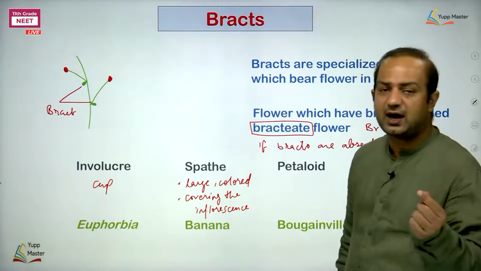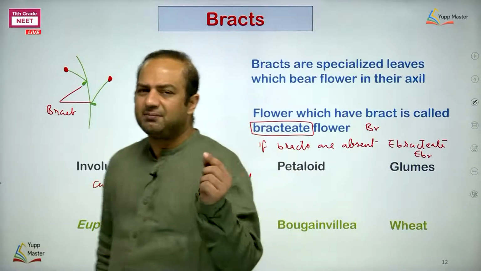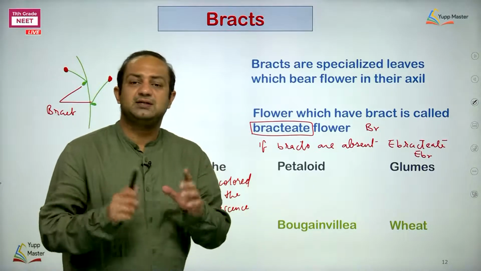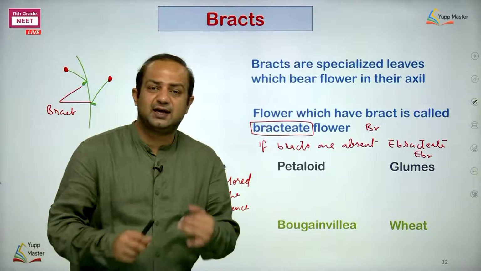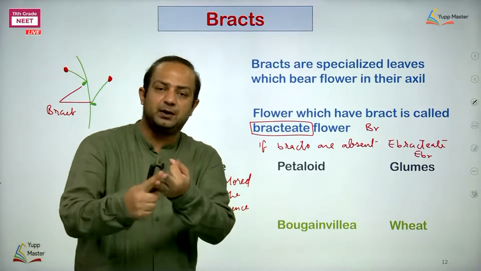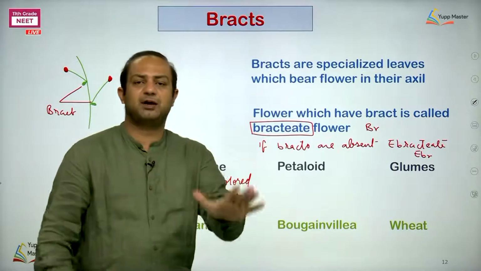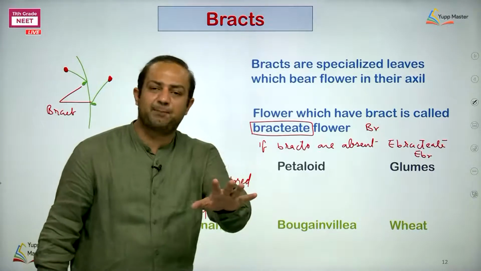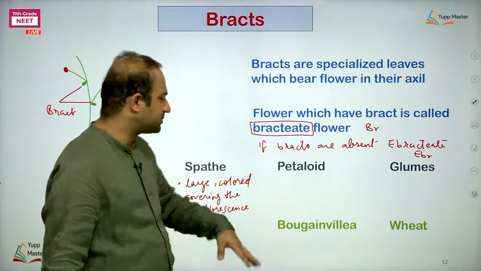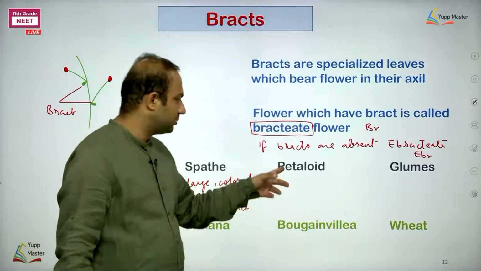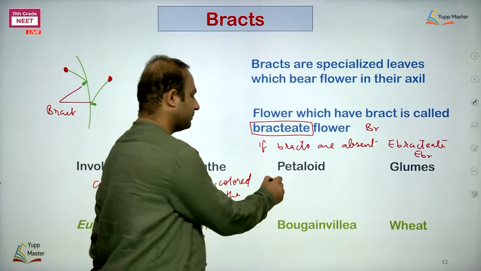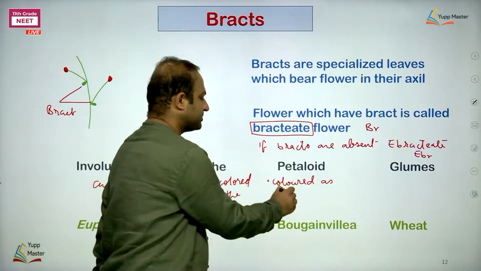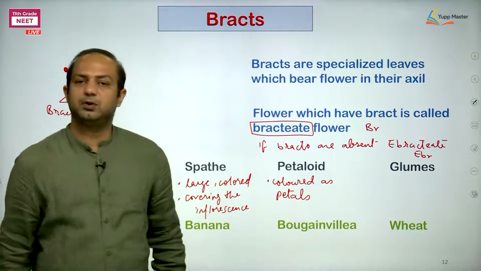In bougainvillea, the flowers are too small in size, means they are indistinct. So in bougainvillea what you are seeing as pink, white, purple, yellow, orange structures, those are actually bracts, those are not the petals. Okay, that structure is bract. So petaloid means colored as petals, as we are observing in bougainvillea.